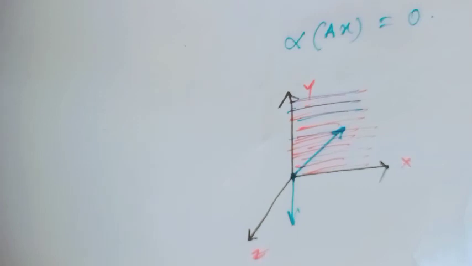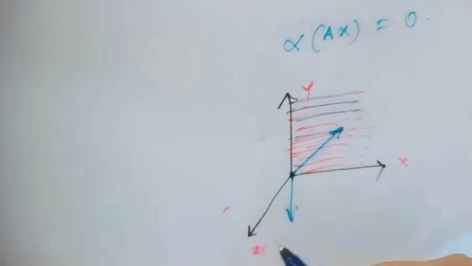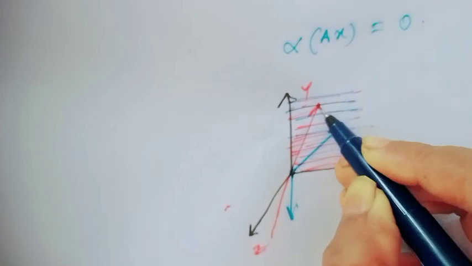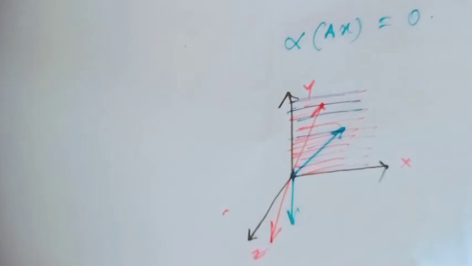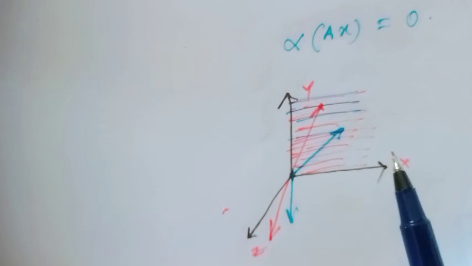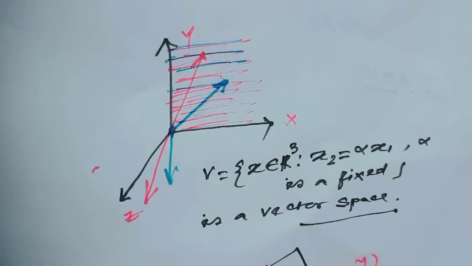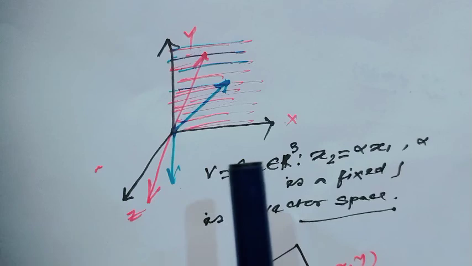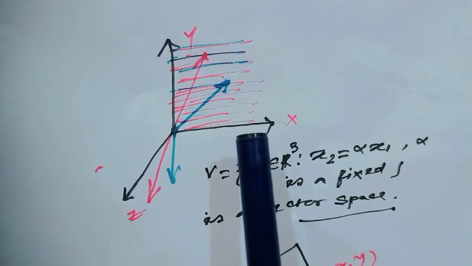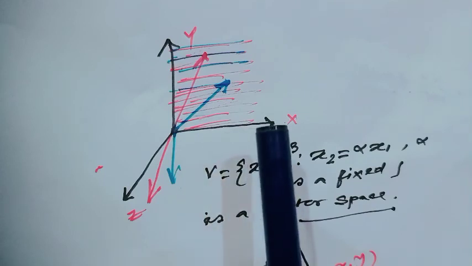But if we consider the line which is passing through the origin, then this would always be a vector space, because all rules of a vector space will be valid here. This means if you take any partial part of the space, then this would not be a vector space.